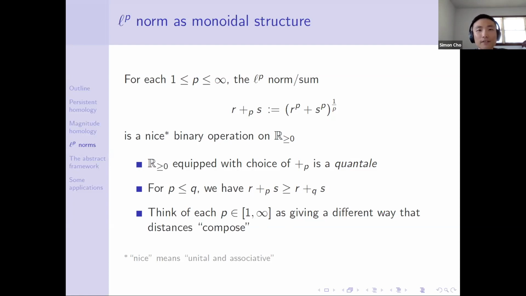I should also mention, for those of you who are familiar with quantales, it's actually more natural categorically to think of these things with the opposite ordering from the usual.